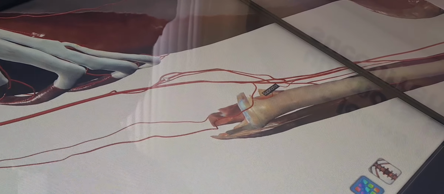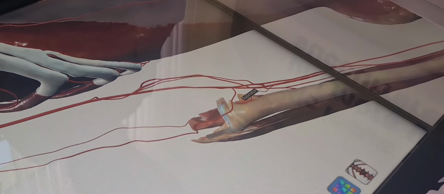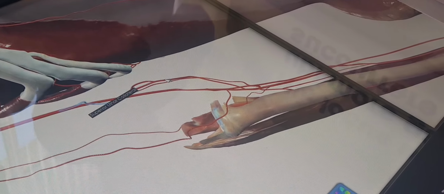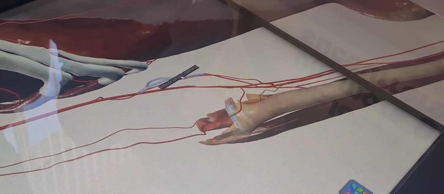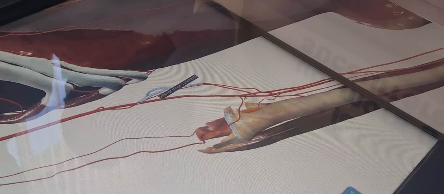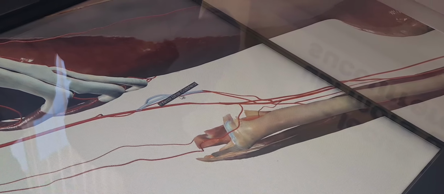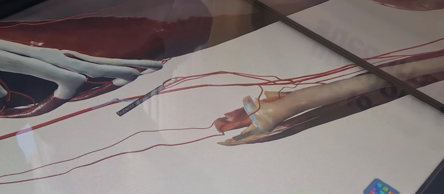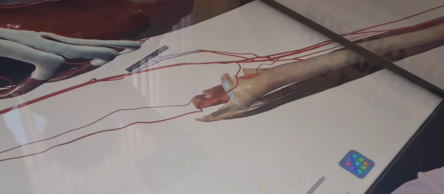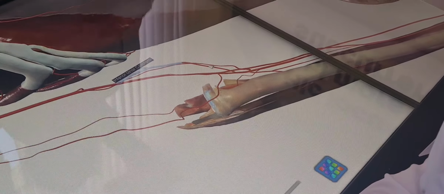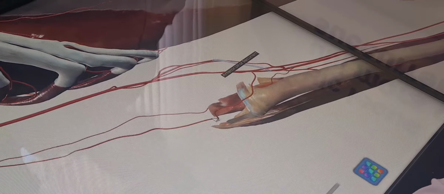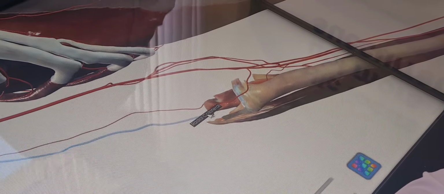And now, collateralis ulnaris superior makes anastomosis with recurrens ulnaris posterior, and collateralis ulnaris inferior makes it with recurrens ulnaris anterior. That is superior, it is inferior.